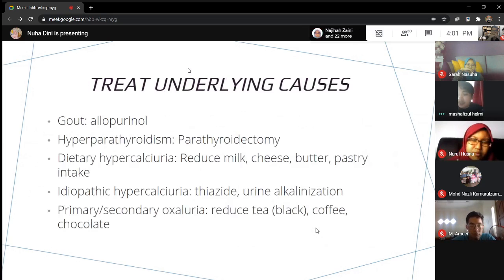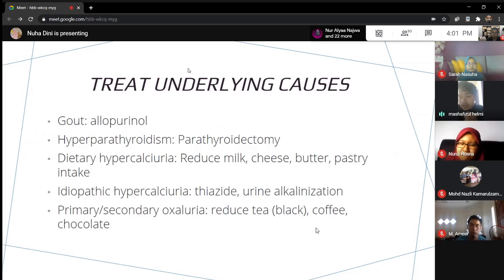So with respect to the stone of the patient, for example, a gout patient, we give allopurinol to reduce the uric acid in the body. For a patient with hyperparathyroidism, if indicated, we do parathyroidectomy.